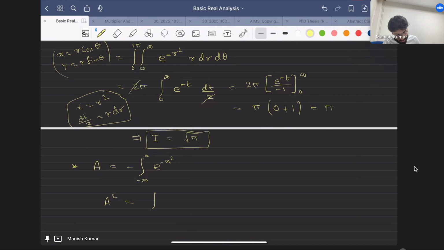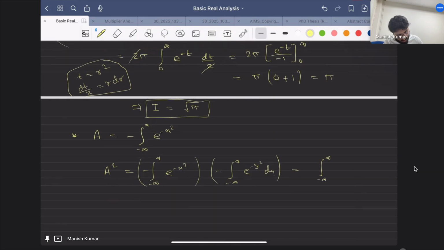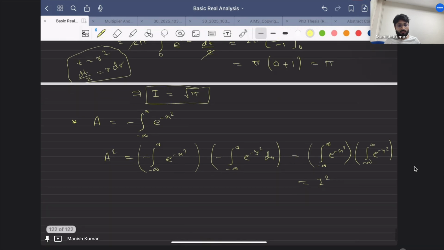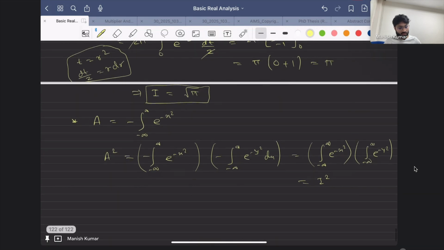A square is equal to I square, because e to the minus x square with minus and then again minus will give you plus when you do the product. So this is the same as I square. Now I think you must have understood. So this is equal to pi, but here A would be minus root pi, but here it won't be root pi.